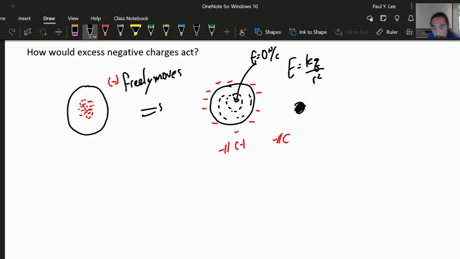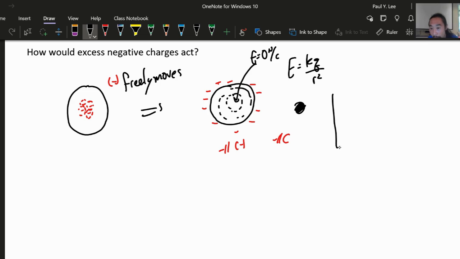Even if we expand our view, because there's still no excess charge there, there's no E field. It's not until you get to the outermost surface, where there are excess charges, that the E field actually exists.